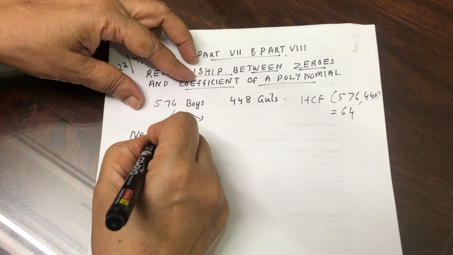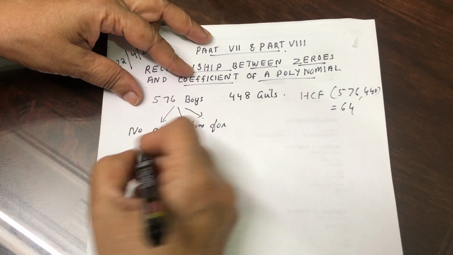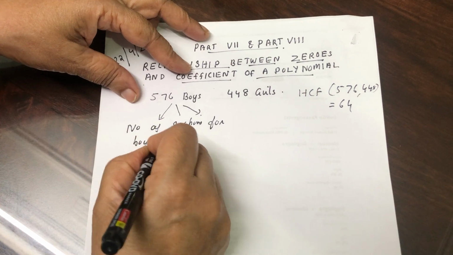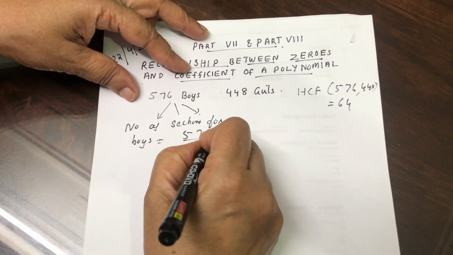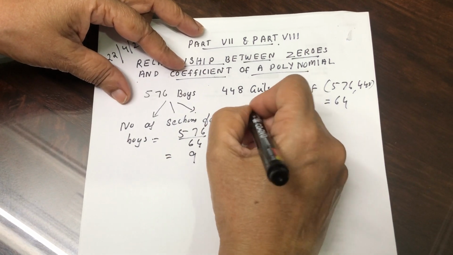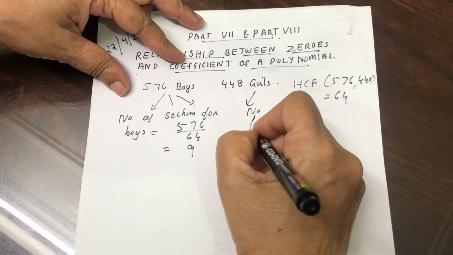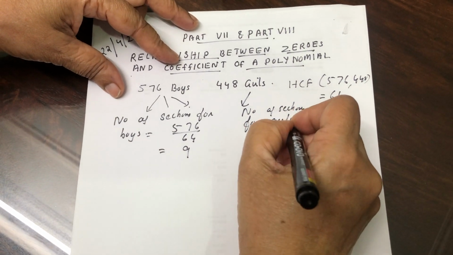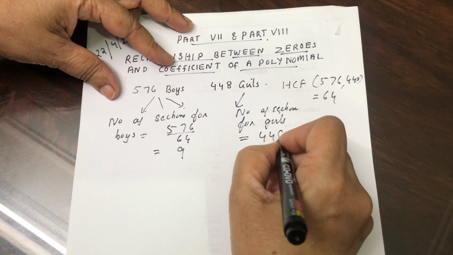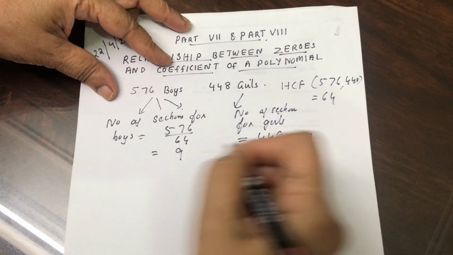Therefore, the number of sections for boys is 576 by 64, that is 9. Number of sections for girls is 448 by 64, that is 7.